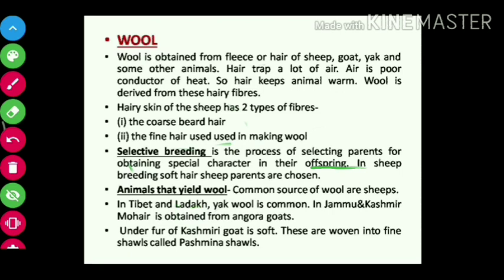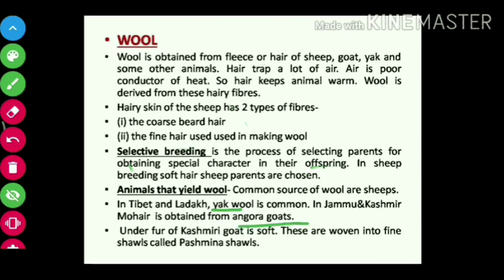Next, animals that yield wool. Yield means produce. Which animals produce wool? The common source of wool is sheep. In Tibet and Ladakh, yak wool is common. In Jammu and Kashmir, mohair is one type of wool obtained from Angora goats.